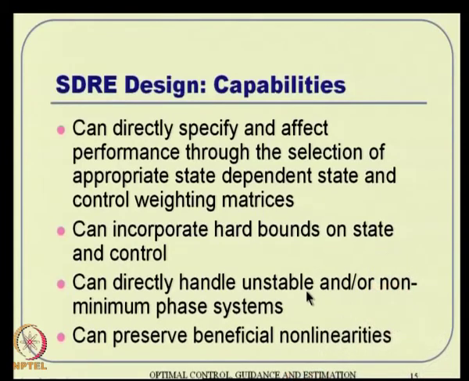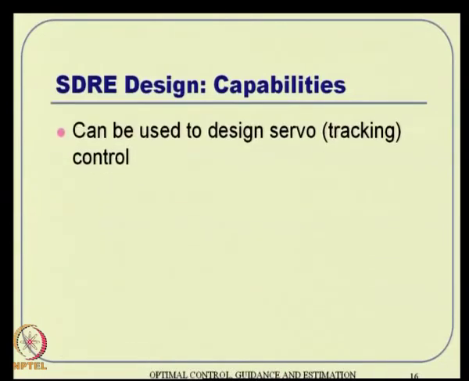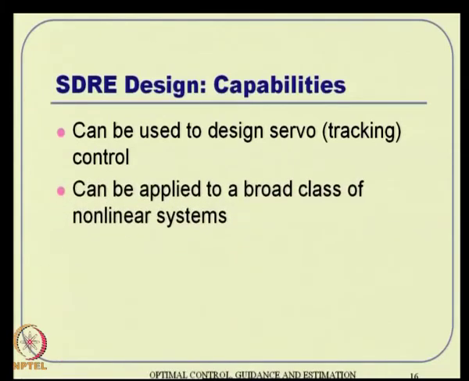And as we demonstrated in that scalar example, it can preserve beneficial nonlinearities as well. Whenever the nonlinearity is good, it keeps it, and whenever it is not good, it tries to discard it. It can also be used for tracking control applications, which you will see a couple of slides later. And it can be applied to a broad class of nonlinear systems, the control affine systems with SDC parameterization, where A of x has certain nice properties.